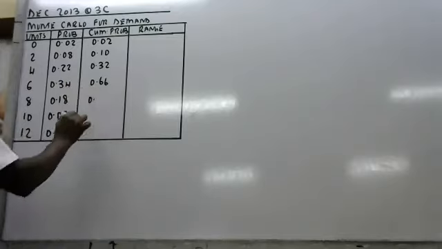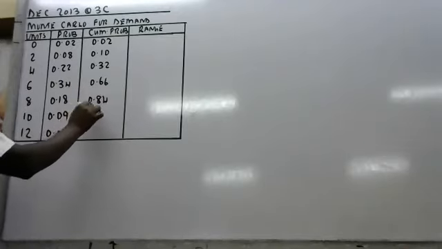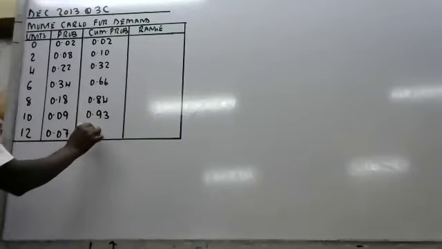To cumulate, this will be 0.02 followed by 0.10, 0.32, 0.66, 0.84, 0.93, and 1.